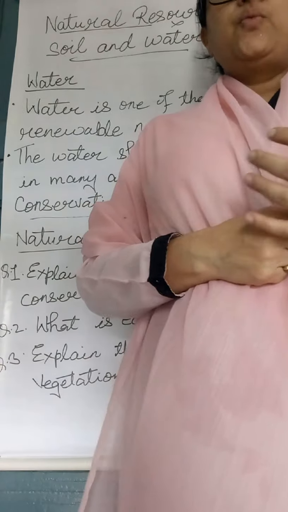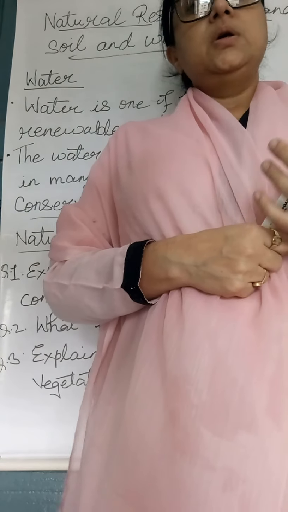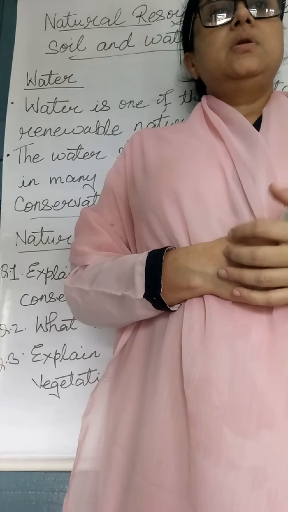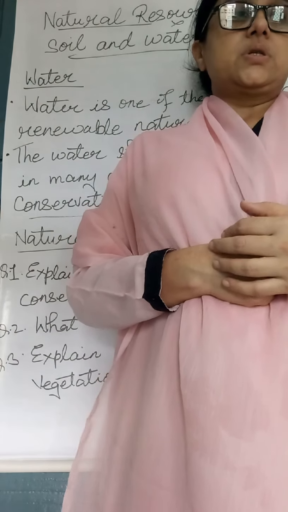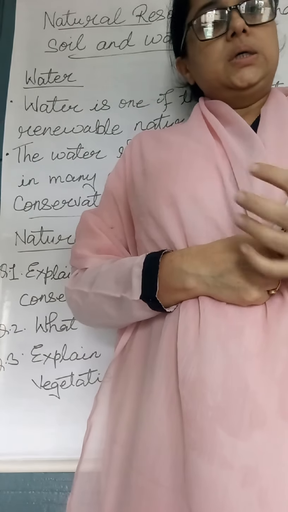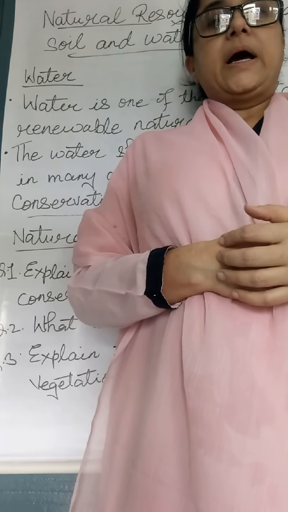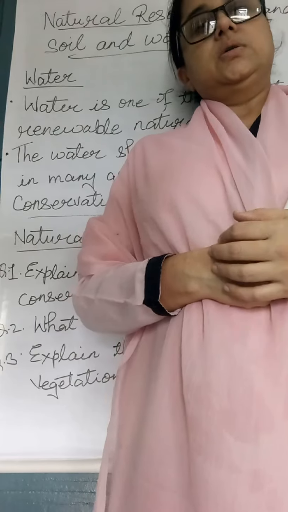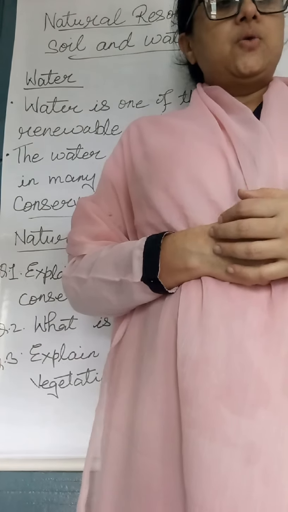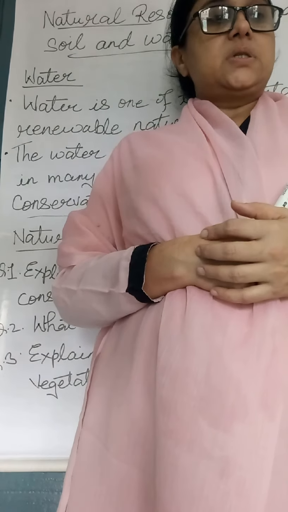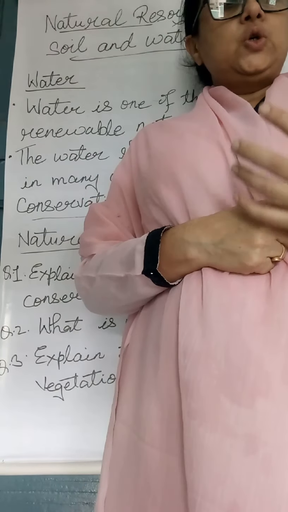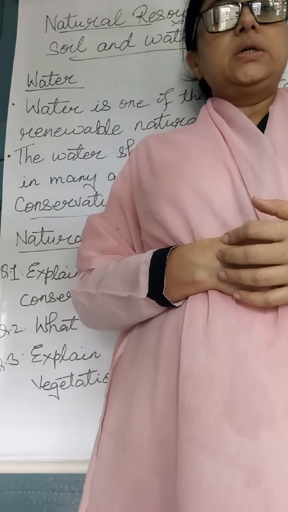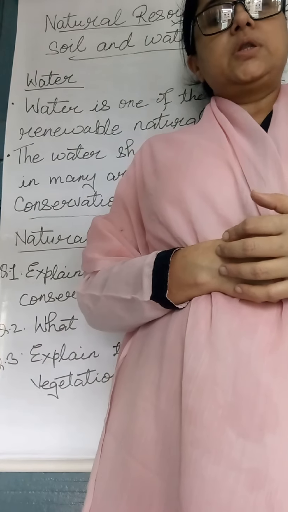Water is very important for our life. Water is a renewable natural resource. Our earth is the only planet in the universe that has water. About 71% of the total surface area of the earth is covered with water.